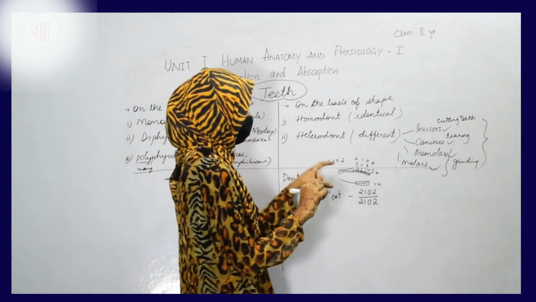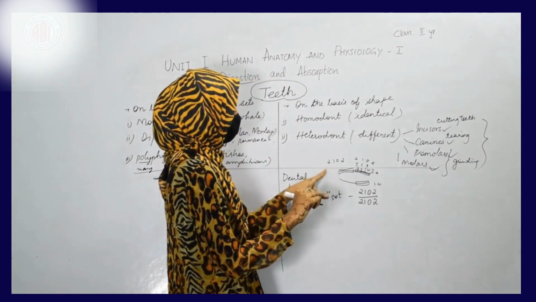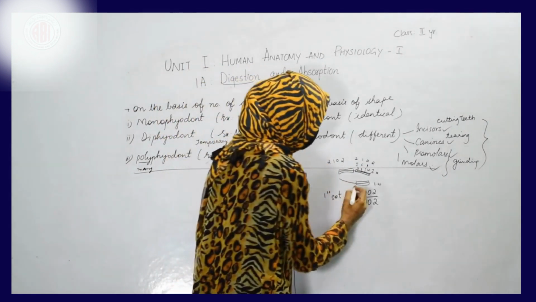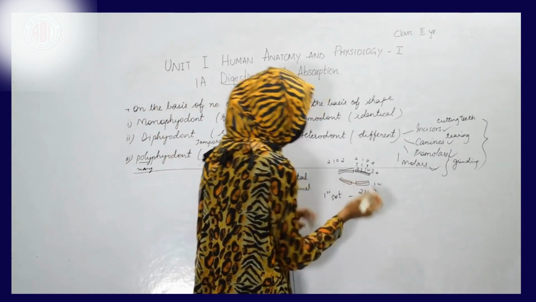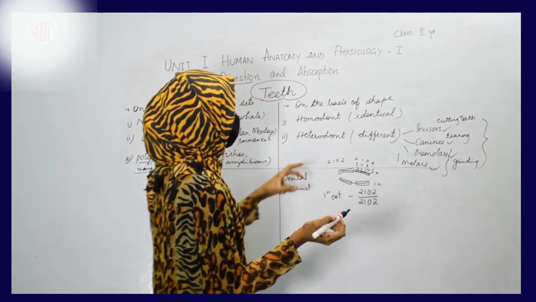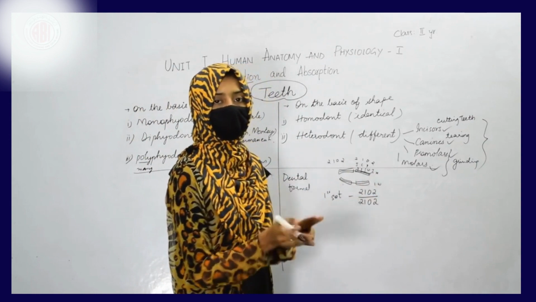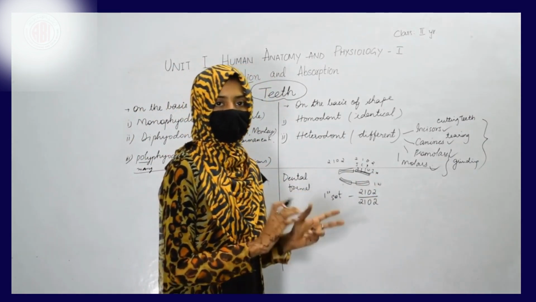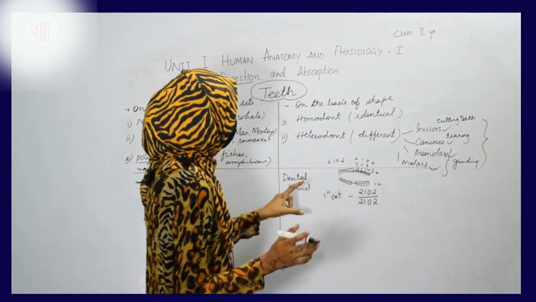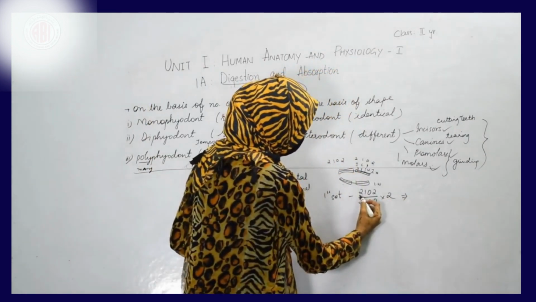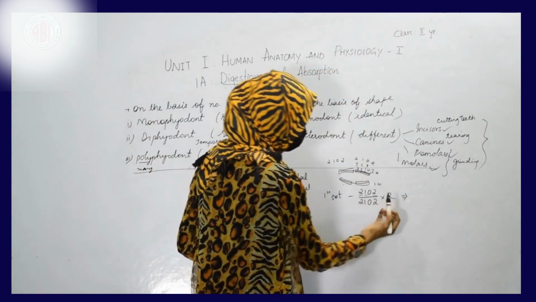Likewise, in the other half part of the upper jaw also, we can find the presence of 2102. In the lower jaw also, all the incisors, canines, premolars and molars are present as 2102 in both the parts, in the right and left part of the lower jaw. If you add up this, 2 plus 1, 3 plus 2, 5.